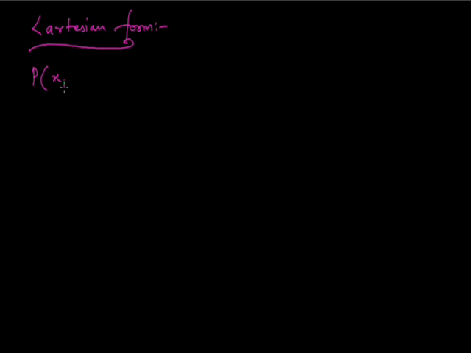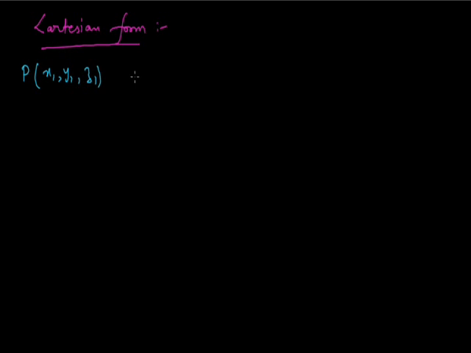Suppose we have the point x1, y1, z1 and we need to find the distance of this point from the plane given by ax plus by plus cz plus d equals 0.